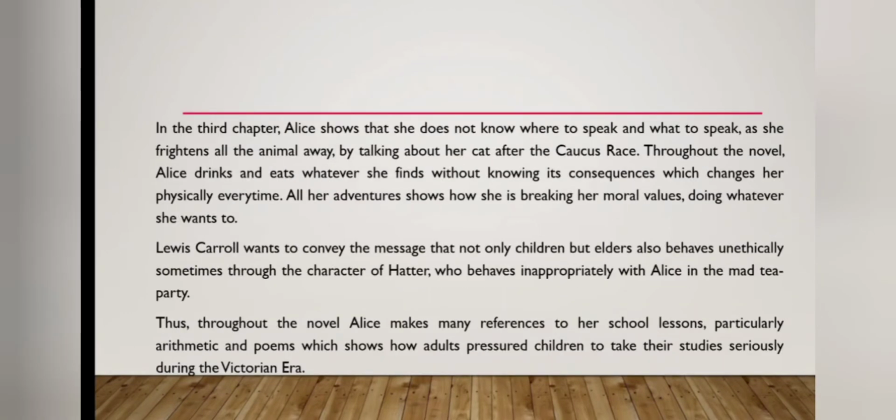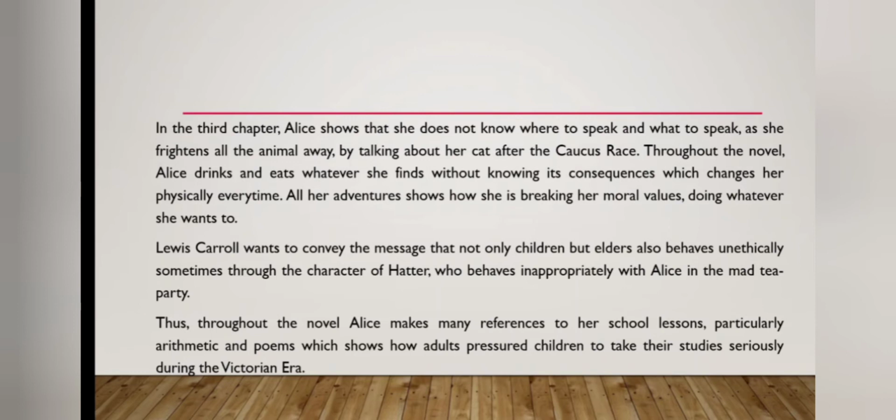In the third chapter, Alice shows that she does not know where to speak and what to speak, as she frightens all the animals away by talking about her cat after the caucus race. Throughout the novel, Alice drinks and eats whatever she finds without knowing the consequences, which changes her physically every time. All her adventures show how she is breaking her moral values, doing whatever she wants to.